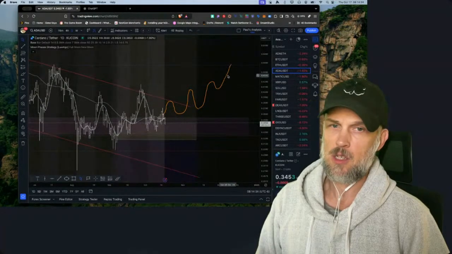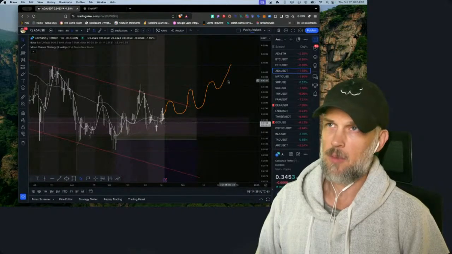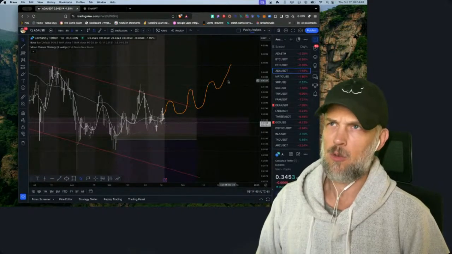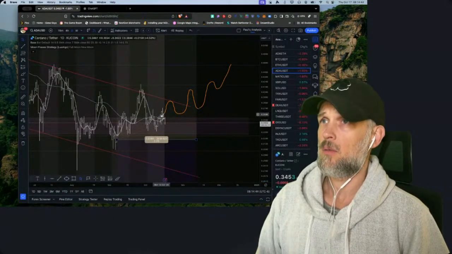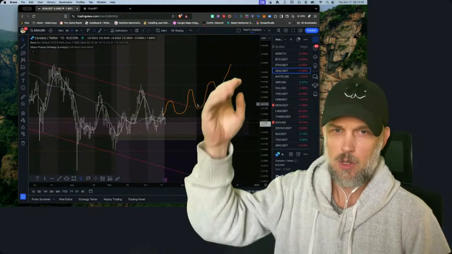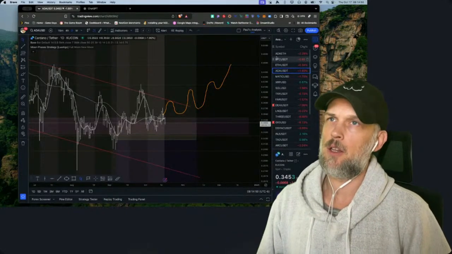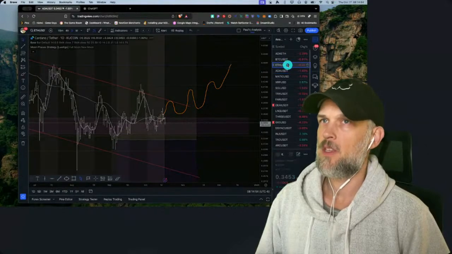I don't think we're going to see this blast off like a lot of other cryptos, especially in the layer 2 and altcoins. ADA is likely to have a much more gradual increase as these different levels are challenged. Bears and bulls are always going to be fighting back and forth. That's just the way it is.